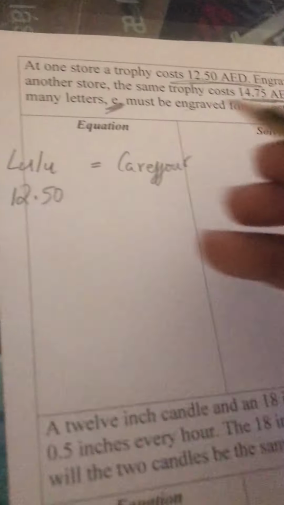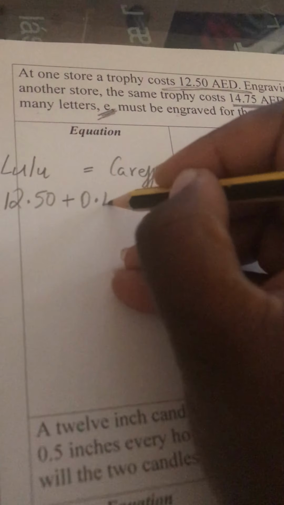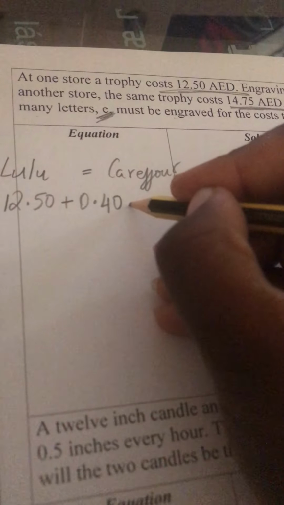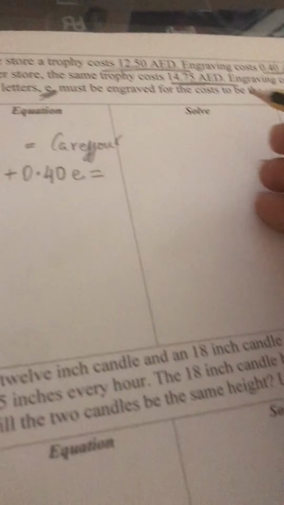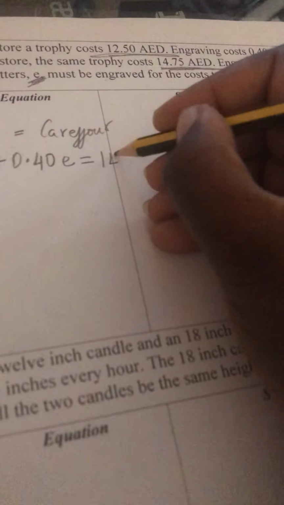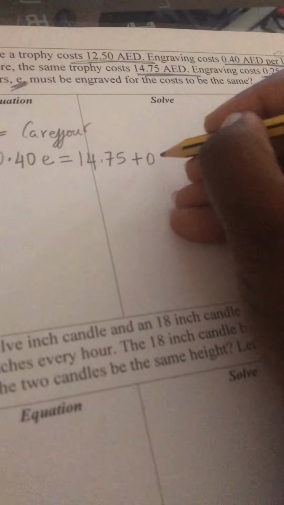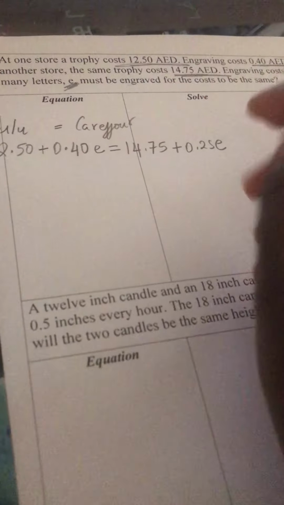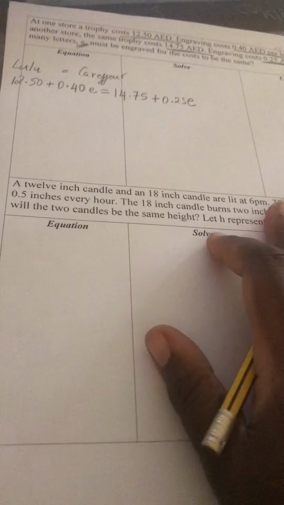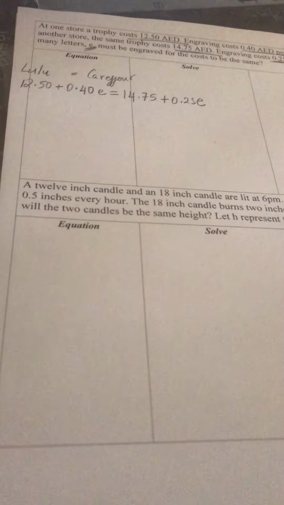So store 1 will be Lulu, so that will be 12 dirham and 50 fils plus 40 fils E. And then here I will have 14 dirham 75 fils plus 25 fils E. So that's my equation. And then I will solve. Okay, and then you will solve and you will check.